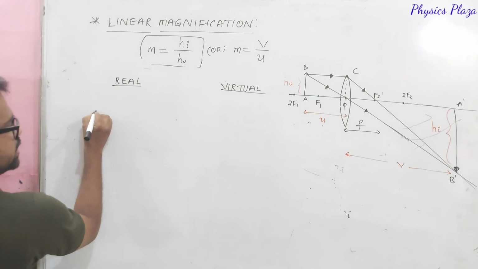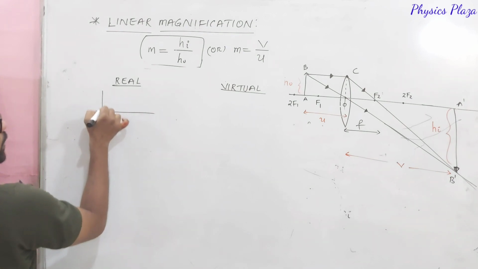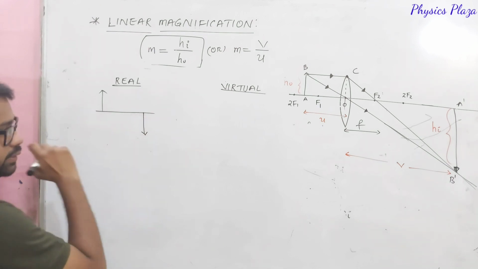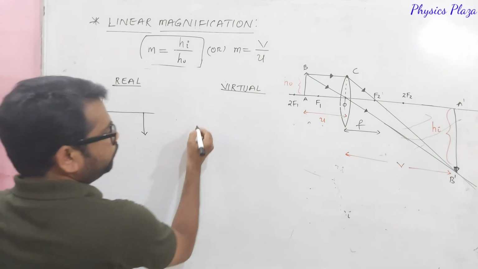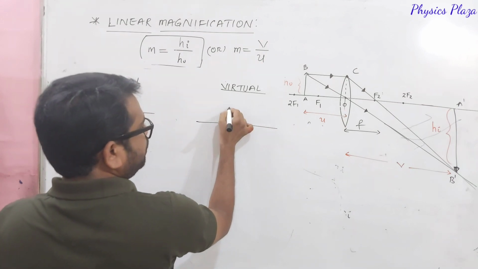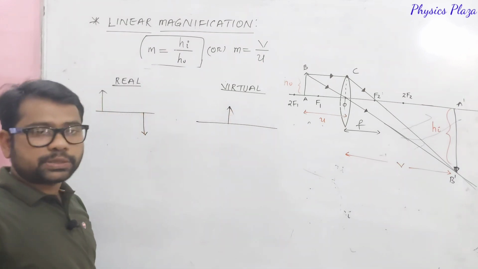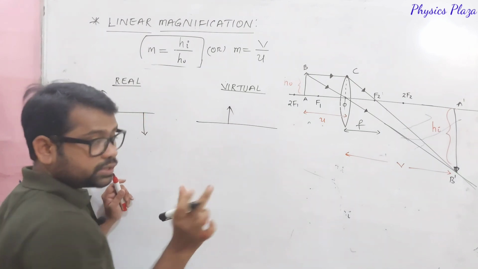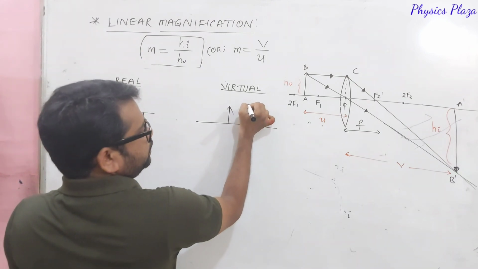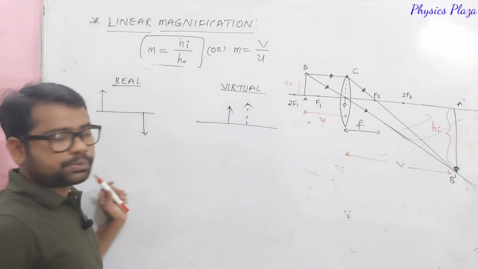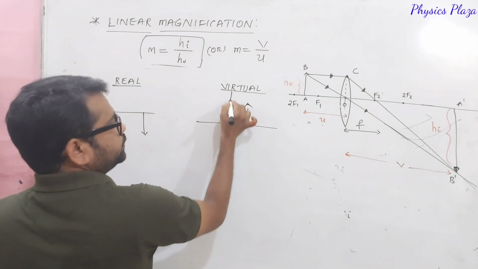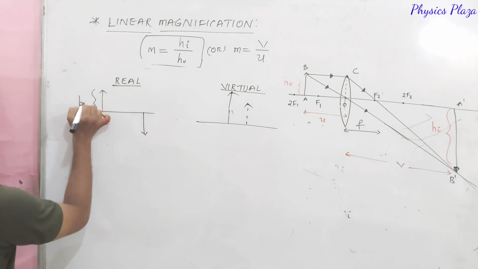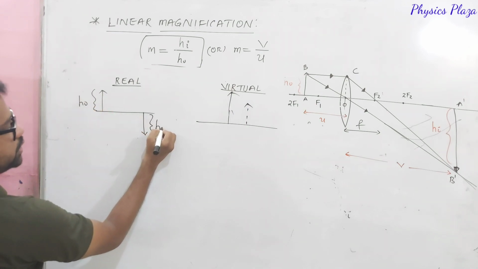Children, for a real image case, the object will be above the principal axis, whereas the image will be below the principal axis. In the virtual image case, the object will be above the principal axis, and the image is also formed above the principal axis. So this is the object height and this is the image height.